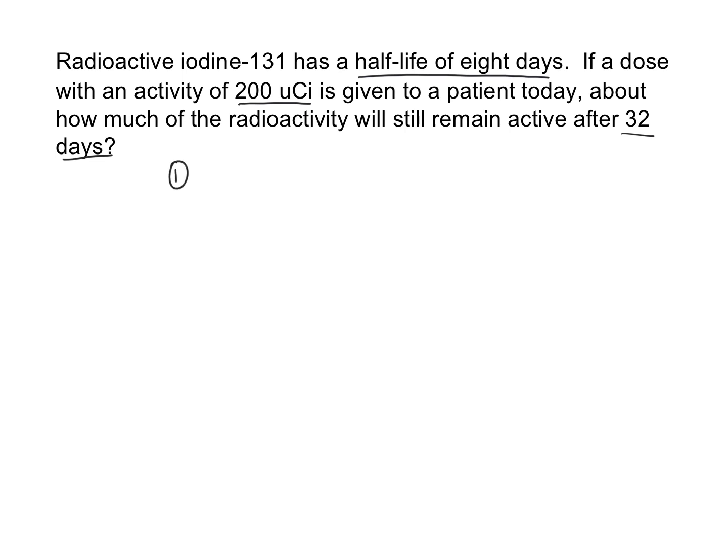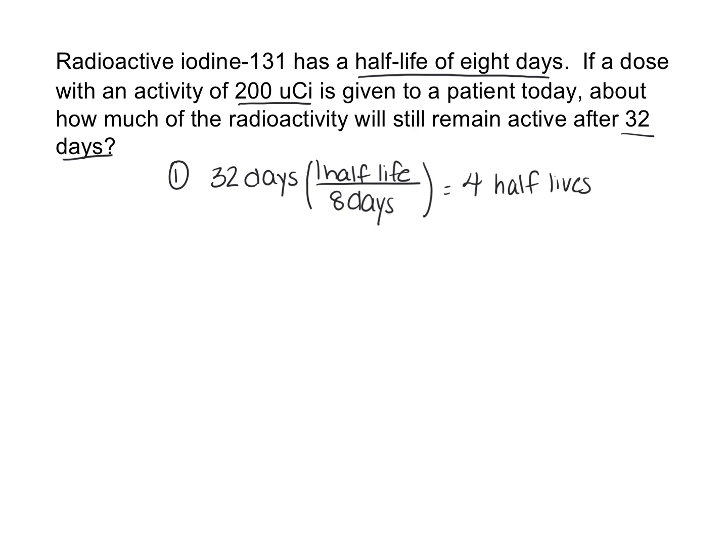And so the first thing we want to do is figure out how many half-lives have passed. So we take 32 days, and we know that one half-life is 8 days. And that equals 4 half-lives. Okay, so 4 half-lives have passed.